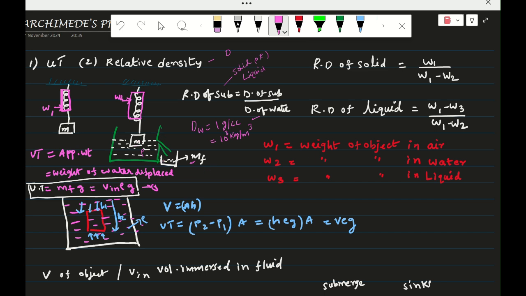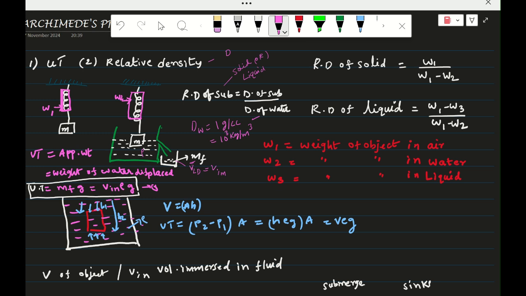The volume of the liquid displaced is equal to volume of the body immersed in liquid. So volume into density of the liquid is equal to upthrust, that is equal to mg, means v into rho into g, which I will tell in the next topic.